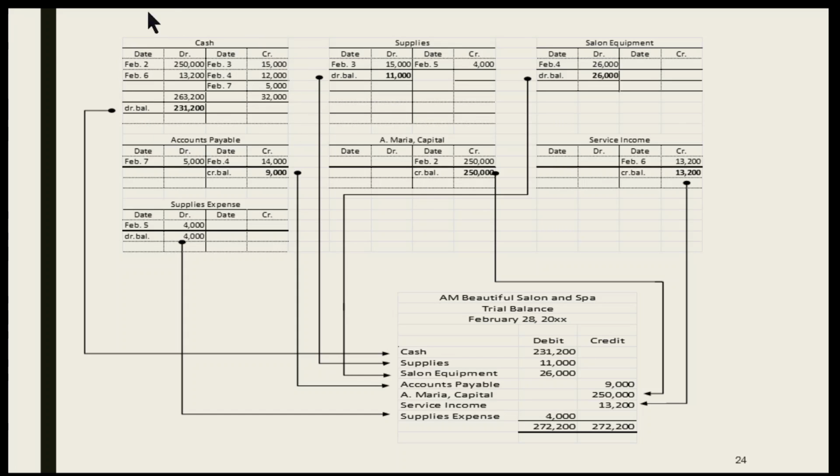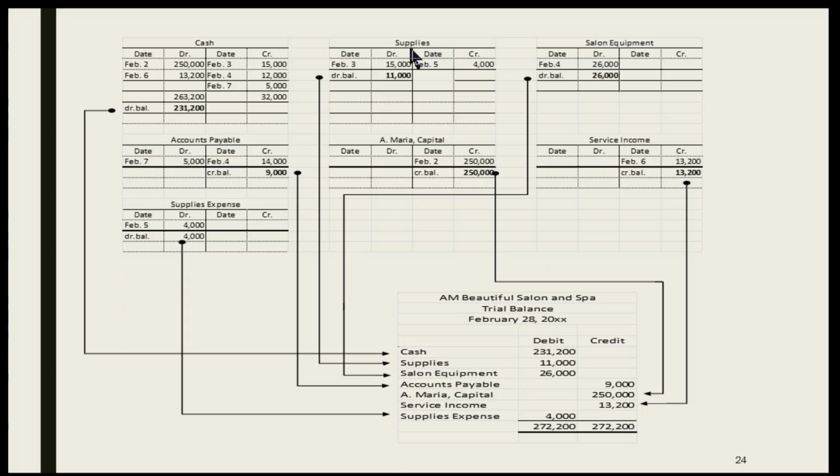For example, here your cash has debits and credits. You get the total of each side. For example, you have 263,200 and 32,000. You get the difference between the two, that is 231,200, and we place it on the debit side because the debit side total is greater than the credit side.